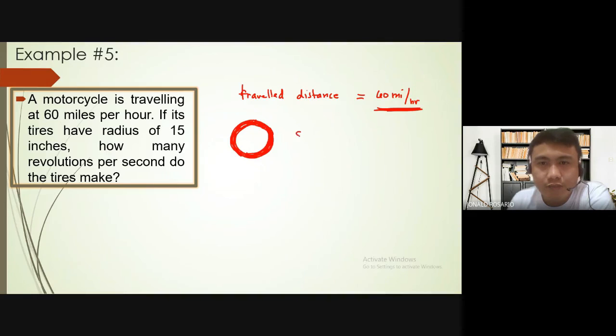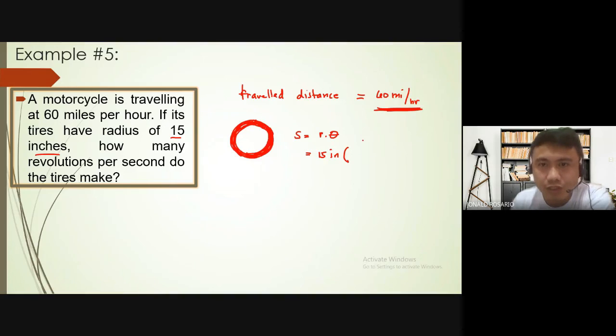So, using the formula, S is equal to R times theta. Para makuha natin yung 1 revolution, ang ating R ay 15 inches. Kasi 15 inches ang radius nung kaniyang gulong, yung tire niya. Okay, so multiply natin yan sa isang revolution.